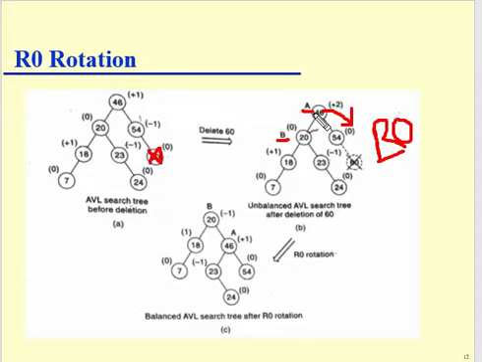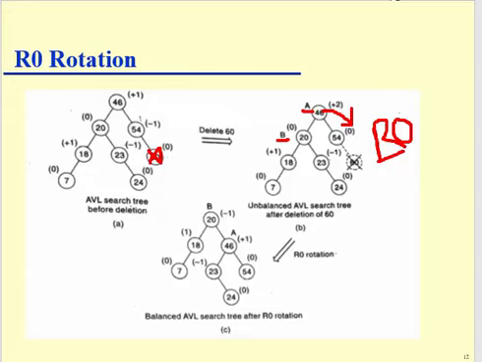So when you are moving your 46 towards the right side, 46 will become the right child of 20. So 46 is the right child of 20. And this 54 was the right child of 46, it will remain the same, but previously the 23 was the right child of 20. Now this 23 will become the left child because 46 is coming over here. All other things are going to remain same.